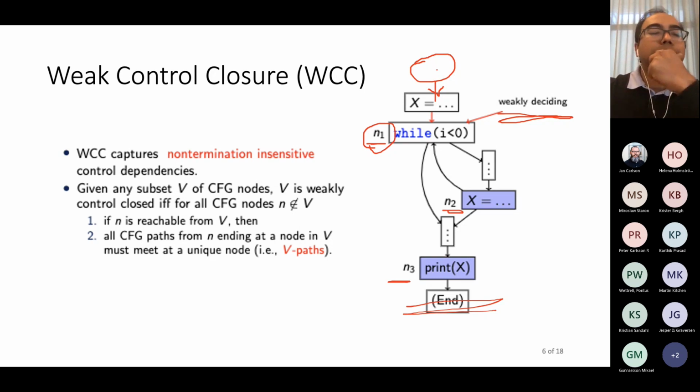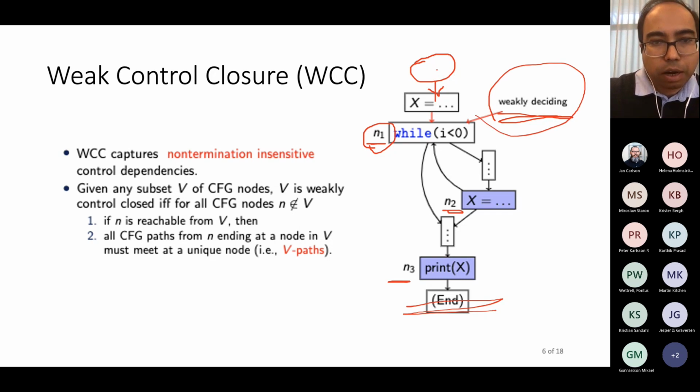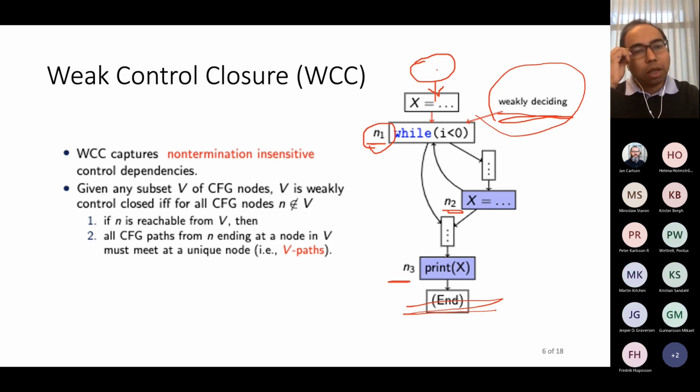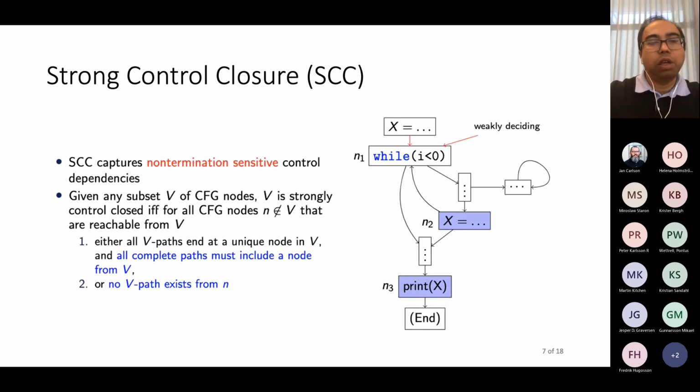Another thing I'd like to tell you is that when we consider a weakly deciding vertex, there must exist two disjoint V paths. If there exist two disjoint V paths, then we discover such a weakly deciding vertex when we compute the weak control closure. However, this is non-termination insensitive. Weak control closure captures non-termination insensitive control dependencies.